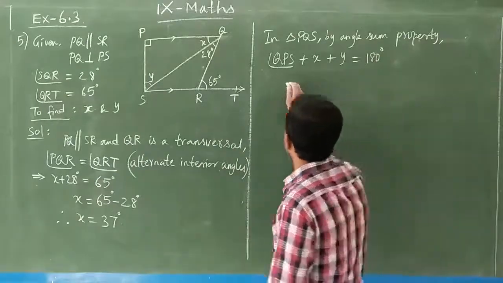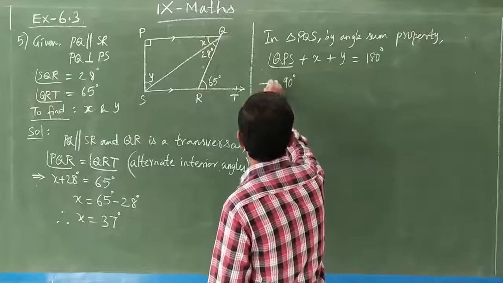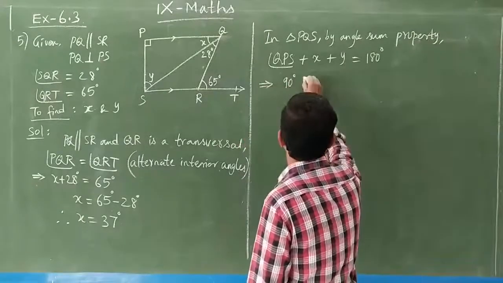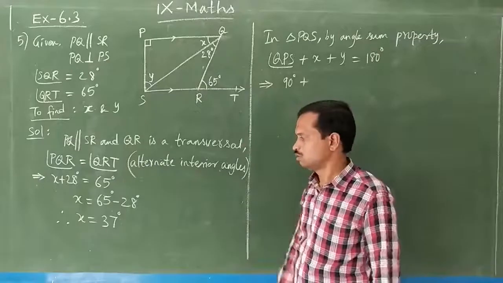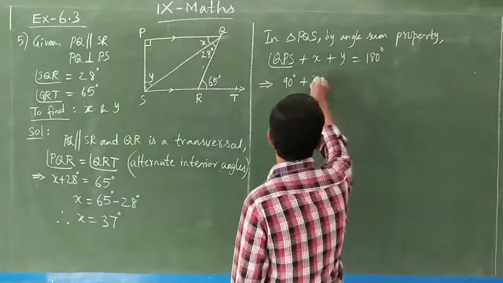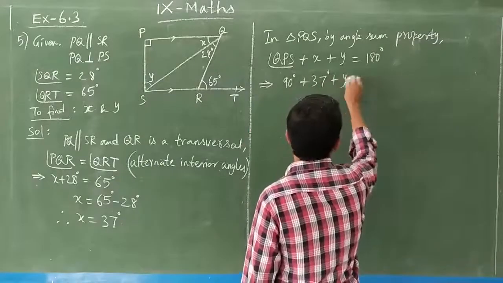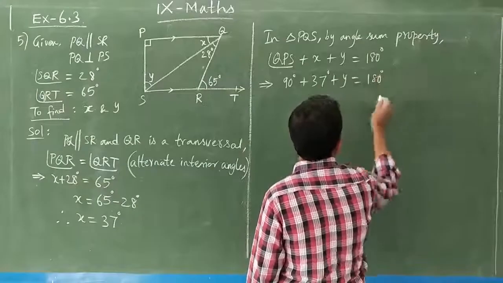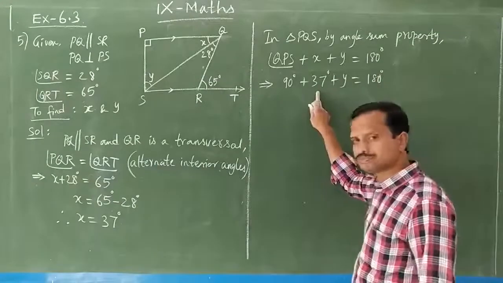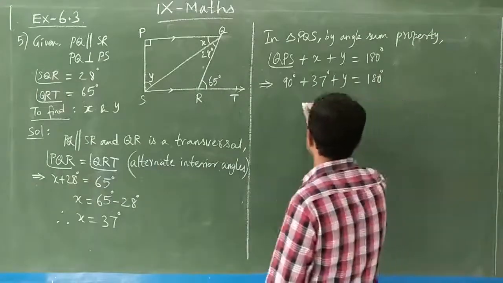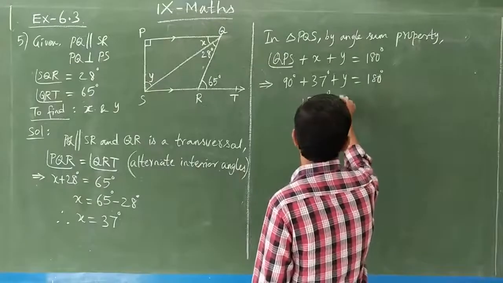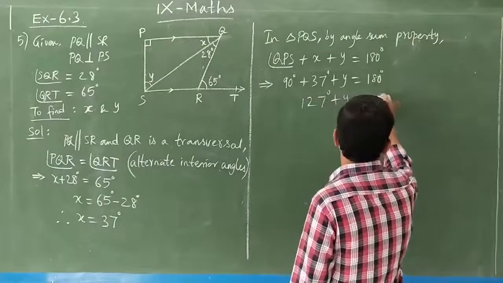And what is QPS? 90 degree. Am I right? QPS is 90 degree plus X, that is 37 degree, plus Y equal to 180 degree. If we add these two, we get 127 degree plus Y equal to 180 degree.